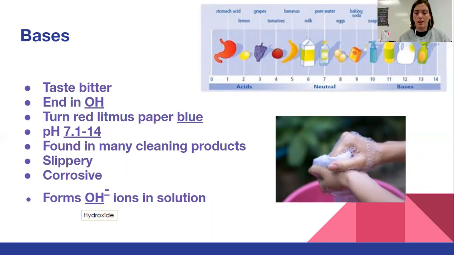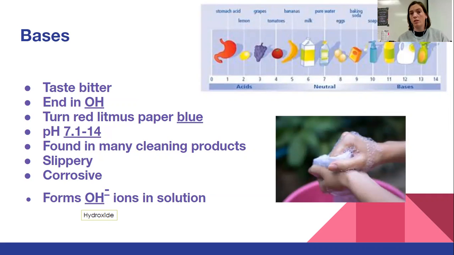If you're looking at a compound or a formula for something, to know if something's a base, it's going to end in hydroxide. So, like sodium hydroxide, which is NaOH, calcium hydroxide, Ca(OH)2. Those are examples of bases. Again, having that hydroxide ion creates a base.